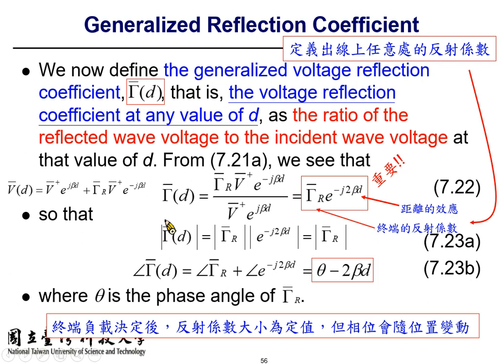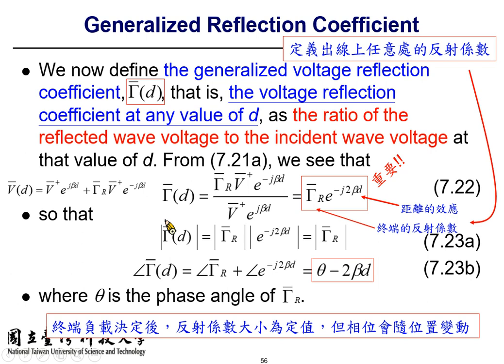So in equation 7.22, we can replace the reflection coefficient at the load and rewrite it as the reflection coefficient at position d. The magnitude will be the same as the reflection coefficient at the load. So once the termination is determined, the magnitude of the reflection coefficient is a fixed number.